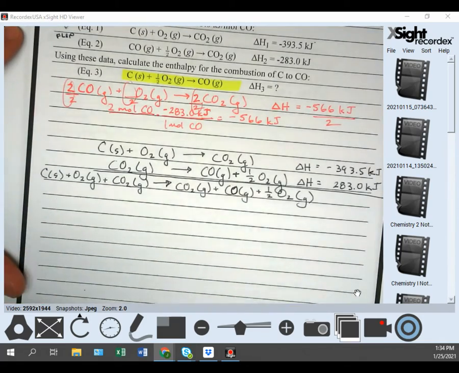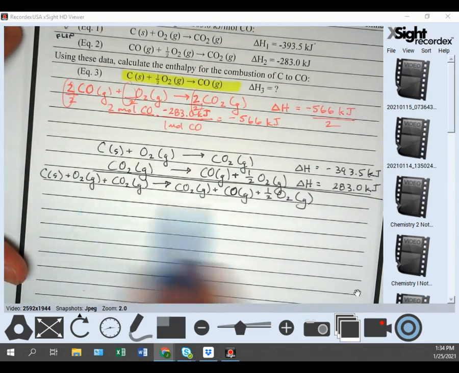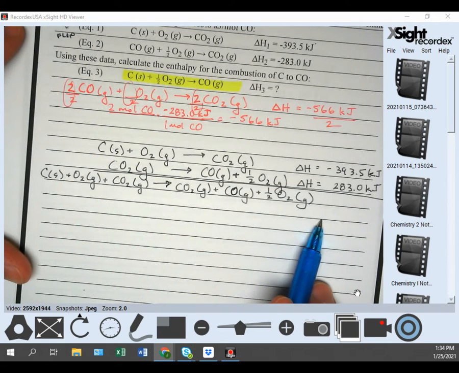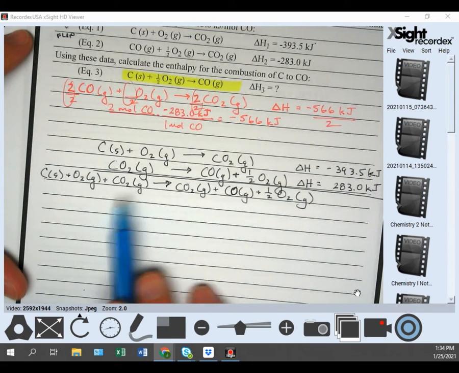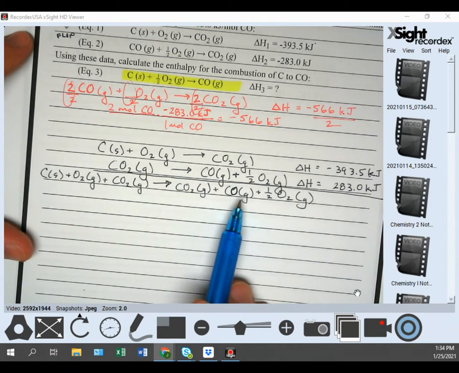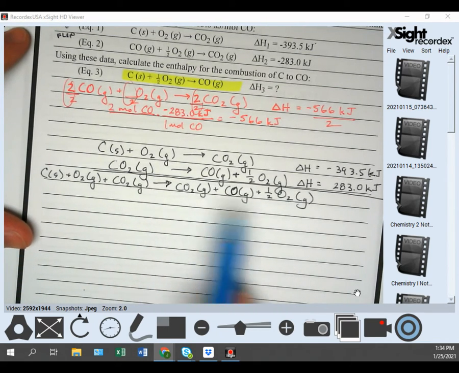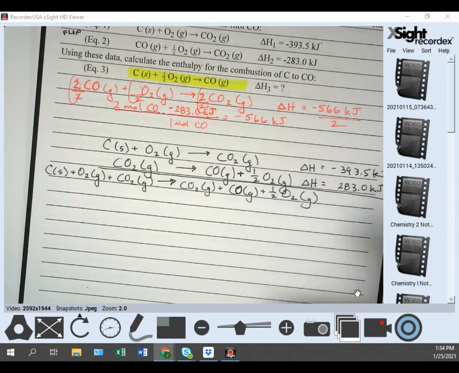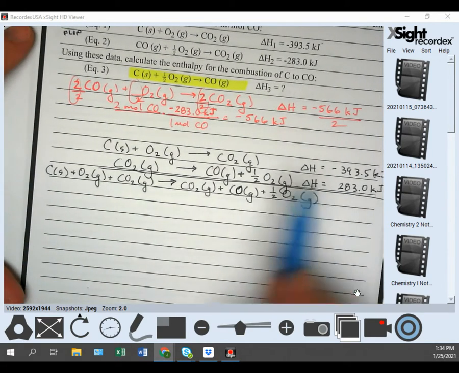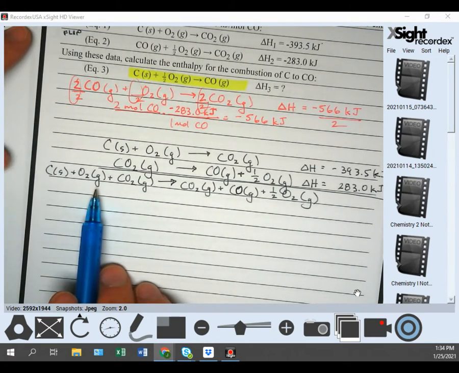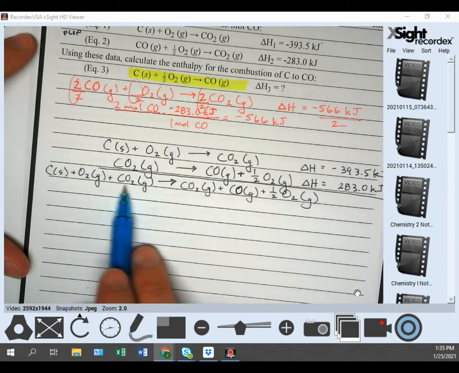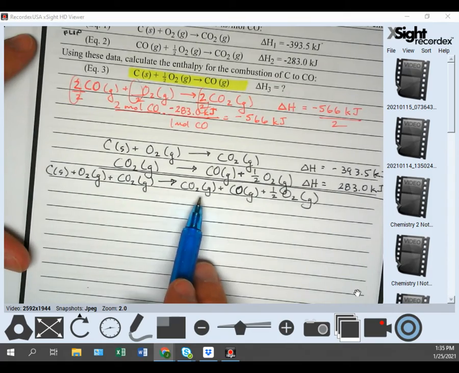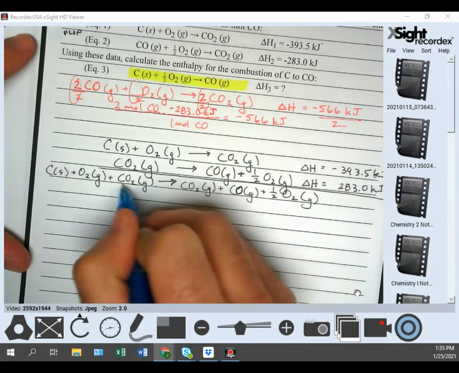Okay, now, just like in algebra, you're going to simplify anything that's the same on both sides, including the coefficient, they cancel each other out. Or you could say you pull one to the other side and subtract it, however you want to look at it, okay? So our CO2 gas is the same on both sides, right? The same amount. So those can cancel.